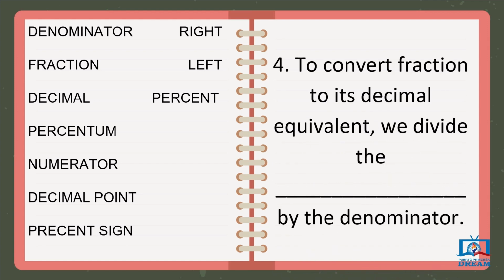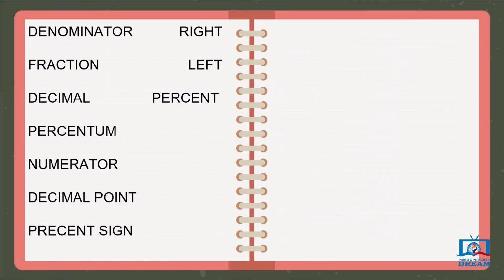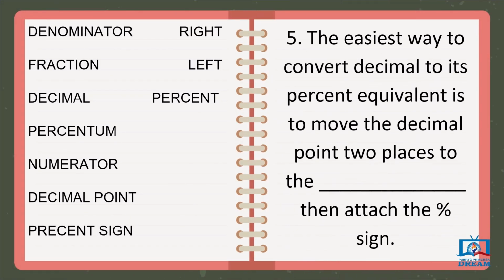Number 4. To convert fraction to its decimal equivalent, we divide the blank by the denominator. Number 5. The easiest way to convert decimal to its percent equivalent is to move the decimal point 2 places to the blank, then attach the percent sign.